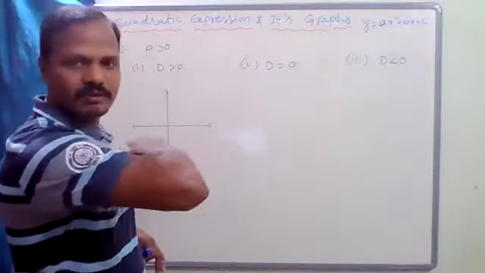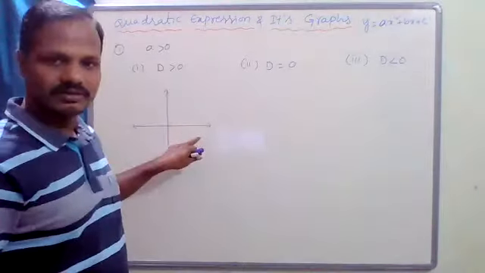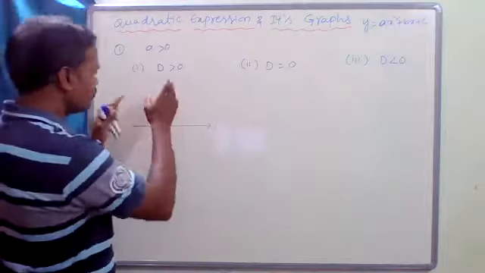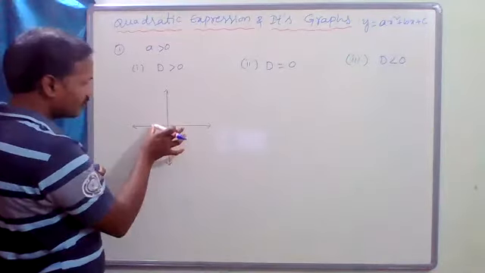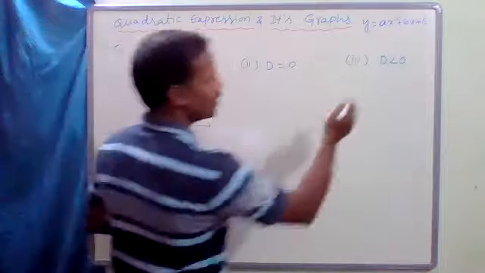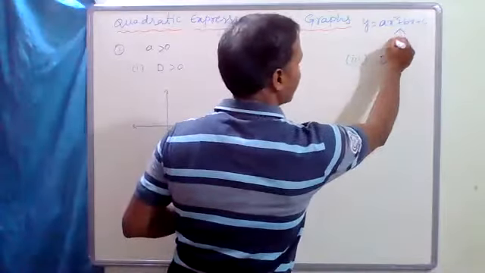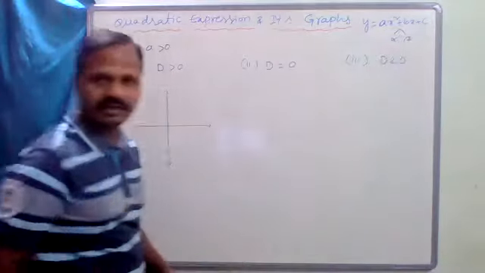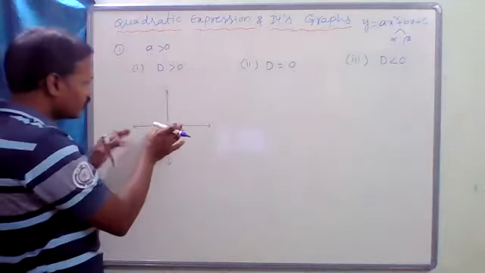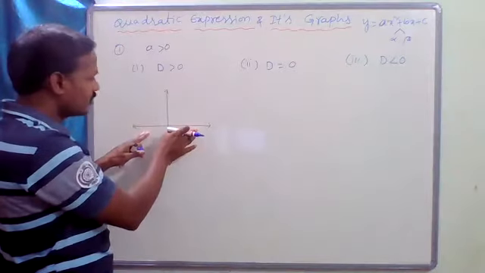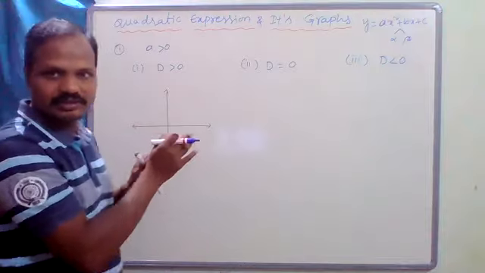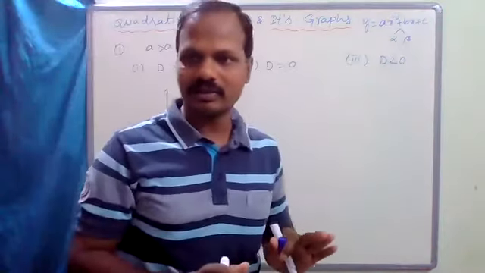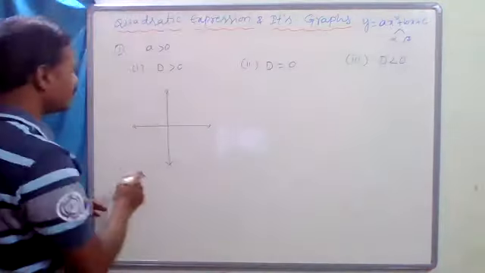For example, let the roots be alpha and beta. Roots form on the x-axis means the graph must cut the x-axis in two different points.